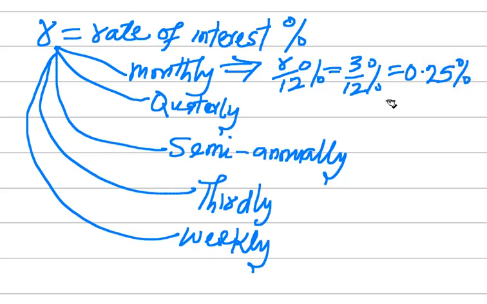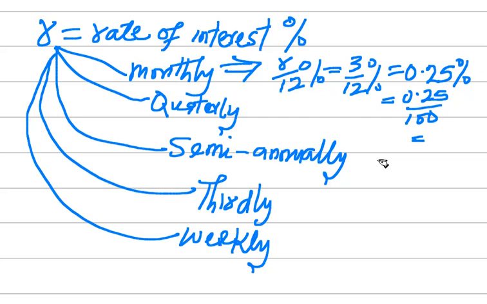So the final answer, you divide this 0.25 by 100, and that will give you your final answer under R, which we will use in solving the question.